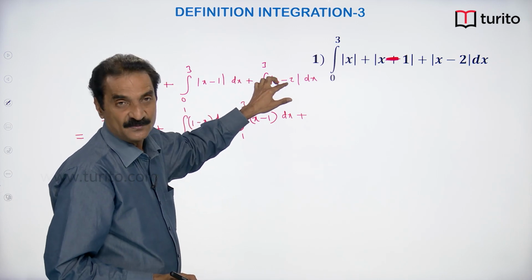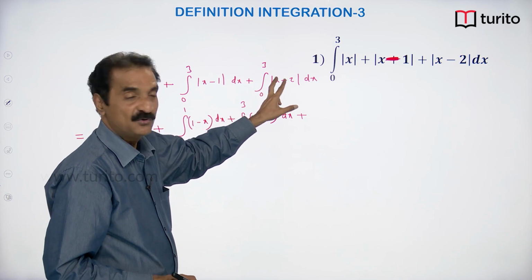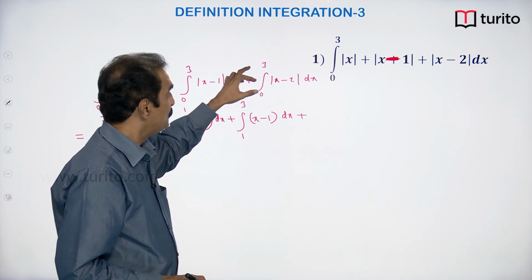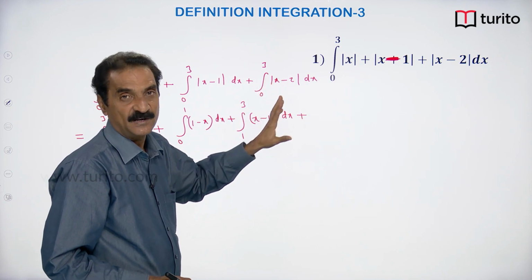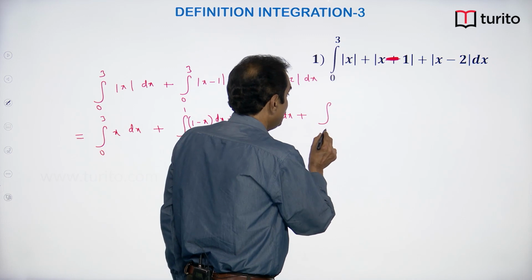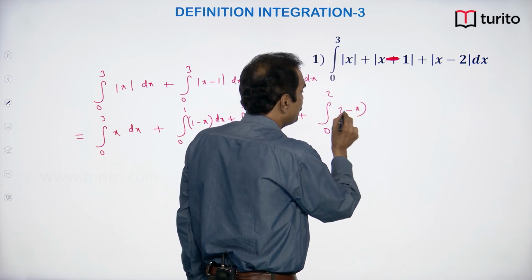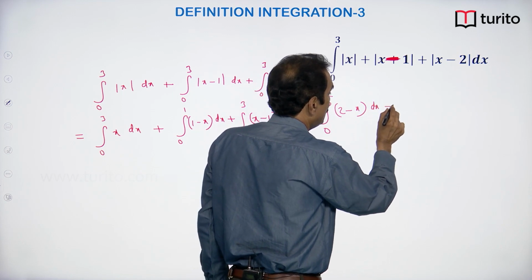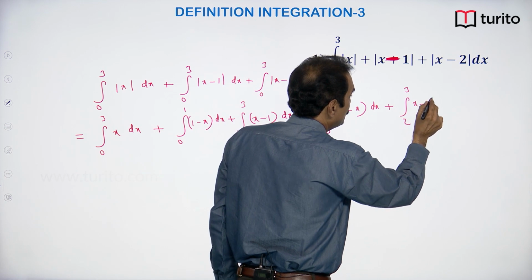From 0 to 2, x minus 2 is negative, so opening the mod it becomes 2 minus x. From 2 to 3, x minus 2 is positive, so mod of x minus 2 is x minus 2. Integral 0 to 2, it is 2 minus x, and 2 to 3, it is x minus 2.